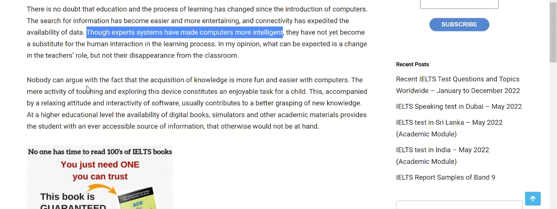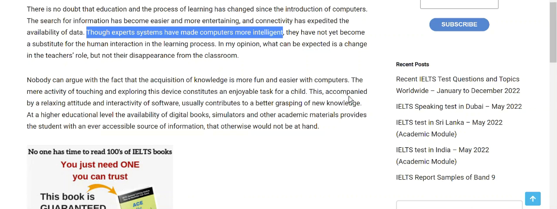Nobody can argue with the fact that the acquisition of knowledge is more fun and easier with computers. Acquisition means gain, means achievement. The more active touching and exploring of this device constitutes an enjoyable task for a child.